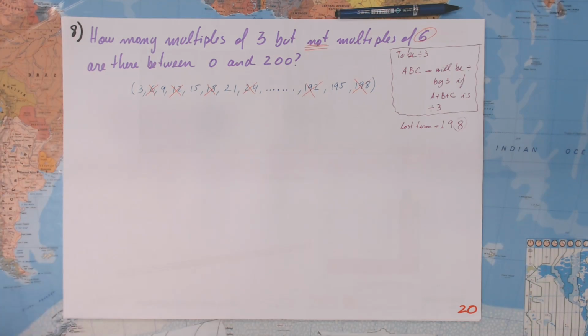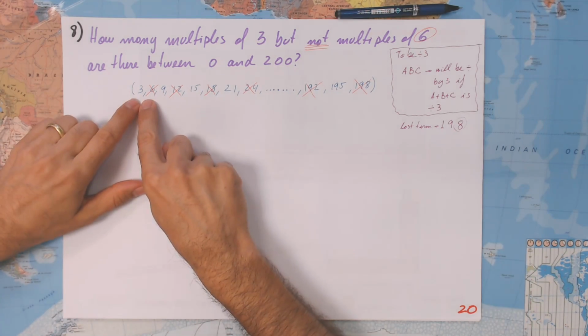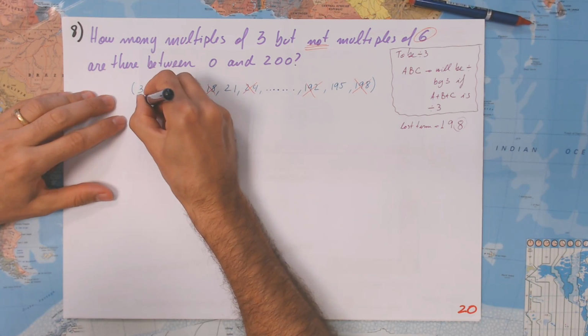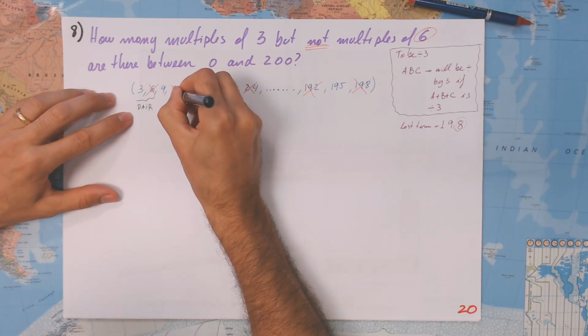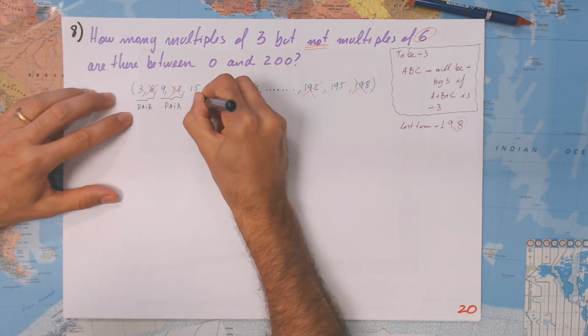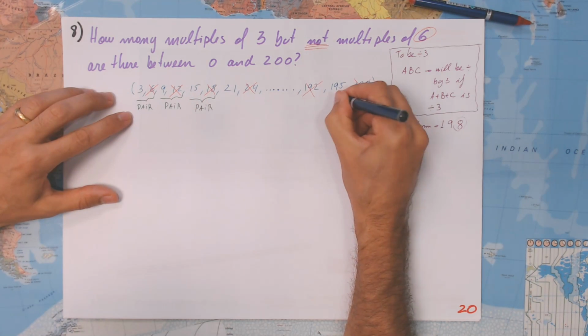Okay, so in the end, what can you see? That for every pair of numbers, we are just going to use 1, right? And again, I'm just going to take the last 2.